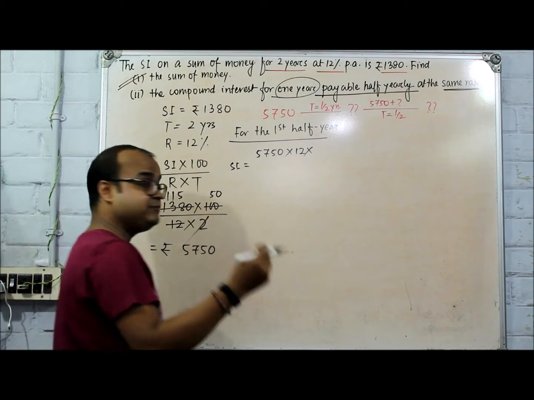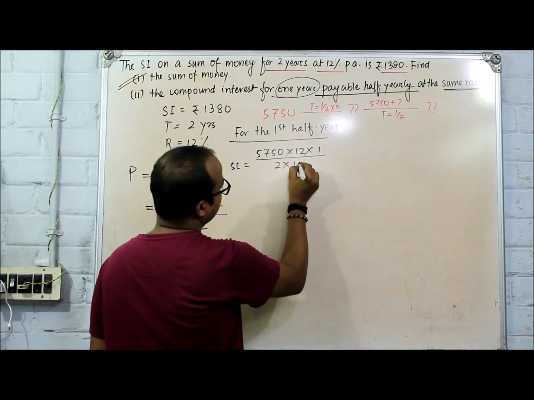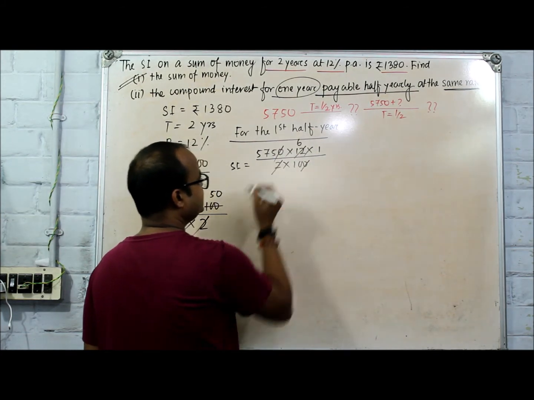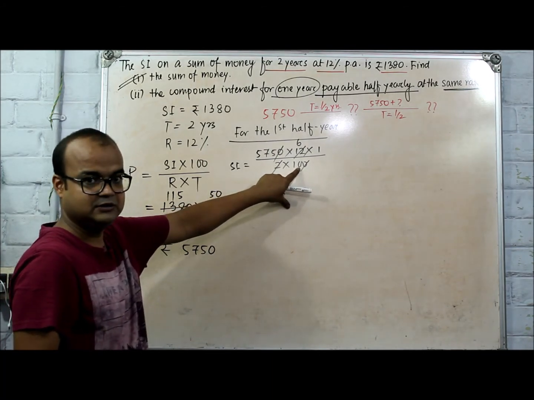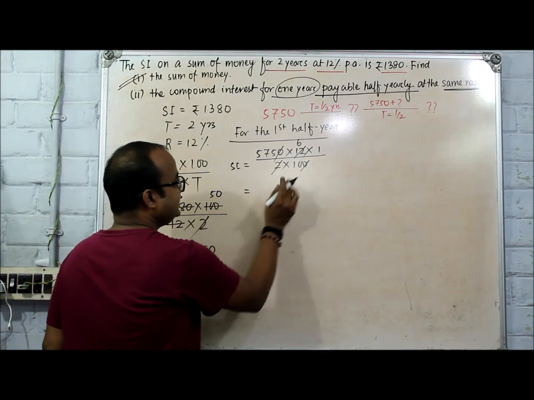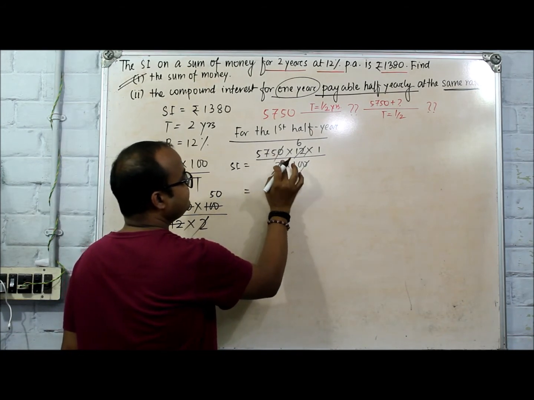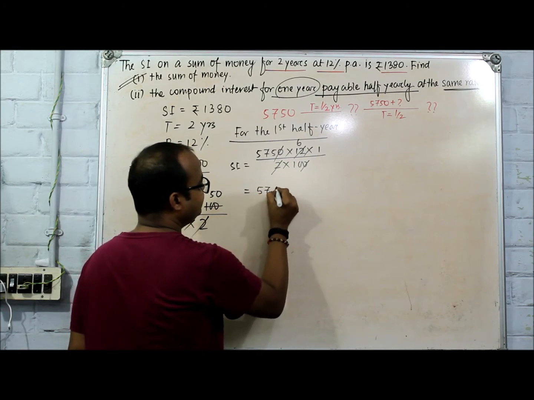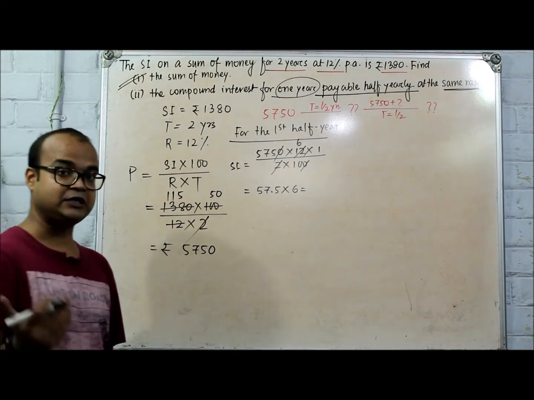So 6 months time is 6 by 12, that is 1 by 2, 1 by 2 into 100. 2 sixes are 12, 10 and 10 cancel. Now see, I am not cancelling this 10 because if the denominator contains the 10, 575 divided by 10 will become 57.5 into 6. So it will be easier for you to calculate.